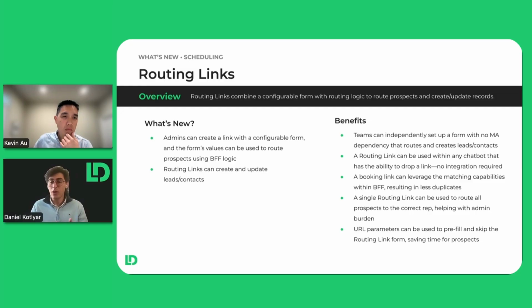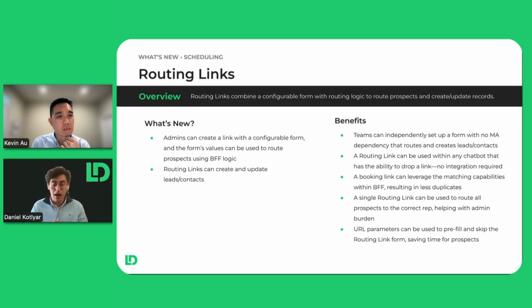One, you no longer need to set up a web page that has a form on it that connects to marketing automation and get all the approval you need in order to set that up. We'll provide this form. It's part of the configuration when you're setting up a routing link. And then nothing has to be connected to marketing automation because we'll create the lead and contact. And if you want to audit anything, it's all within your audit logs for Book of Performs.